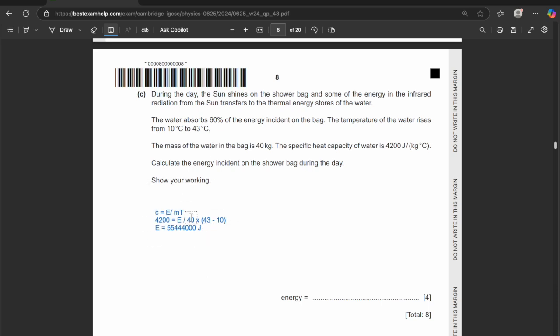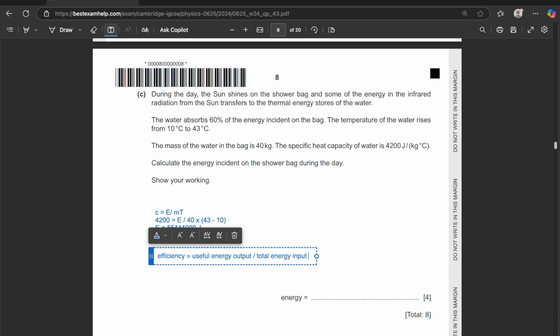And yeah, this is only the 60% yet, so we have to calculate for the 100%, right? This is sort of working with efficiency. So efficiency, you can write the equation also. Efficiency is equal to useful energy output divided by total energy input into 100, because it's given as a percentage. So 60 is equal to, this is what we're looking for, right?